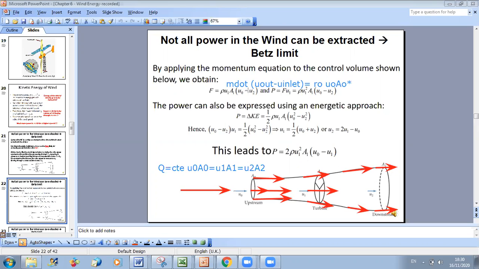So the force can be computed as m dot times u out minus u in. U out is the outlet velocity, which is u2, and the inlet velocity is u0.